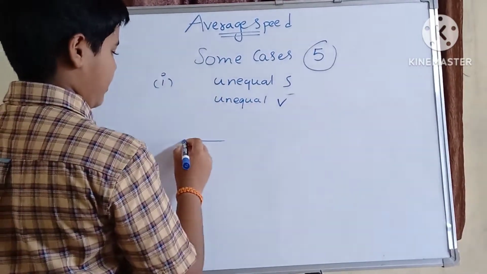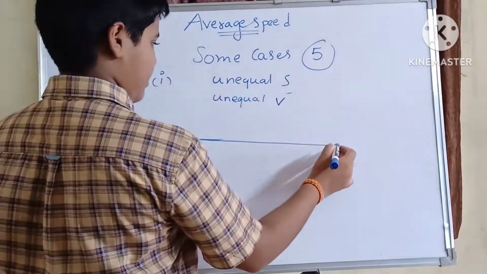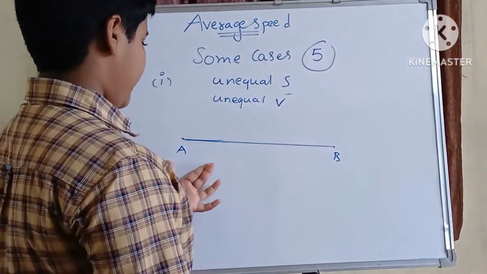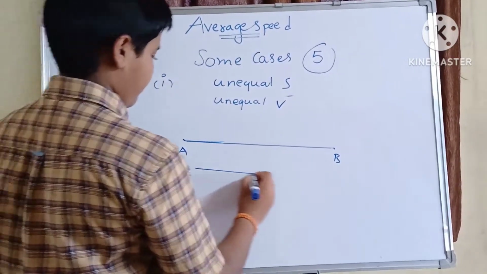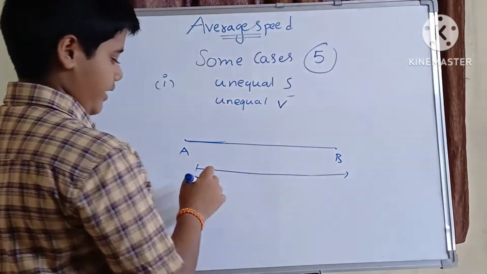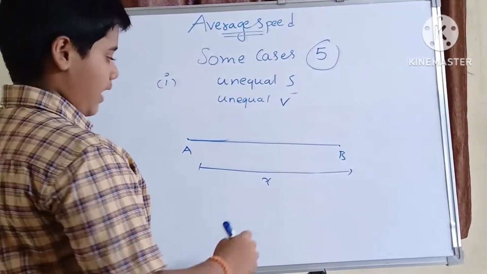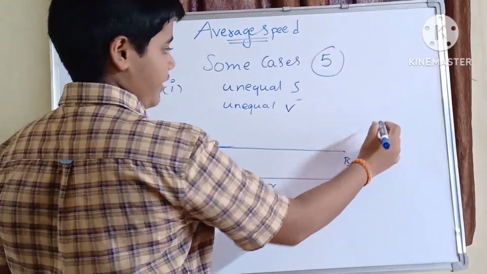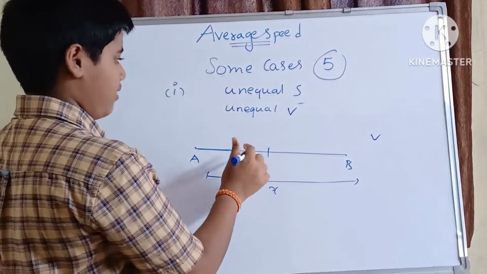So I am taking this as point A and this as point B. The distance between point A and point B is x, and the speed I am taking is v.